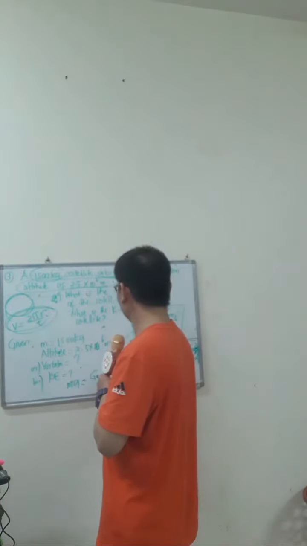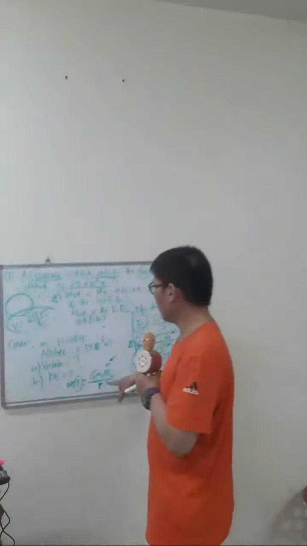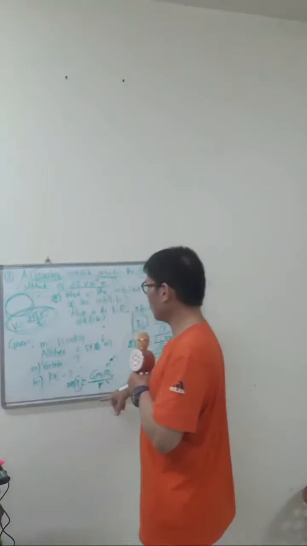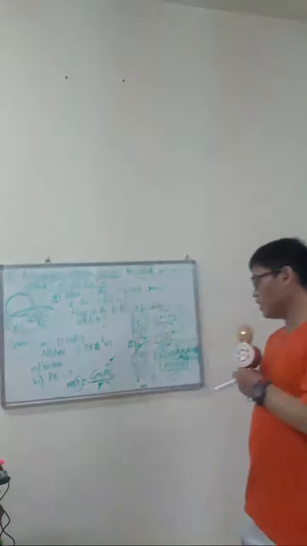And then the mass squared cancels, over the radius. This is radius squared. So how can you compute the acceleration? This is now the radius of this one.